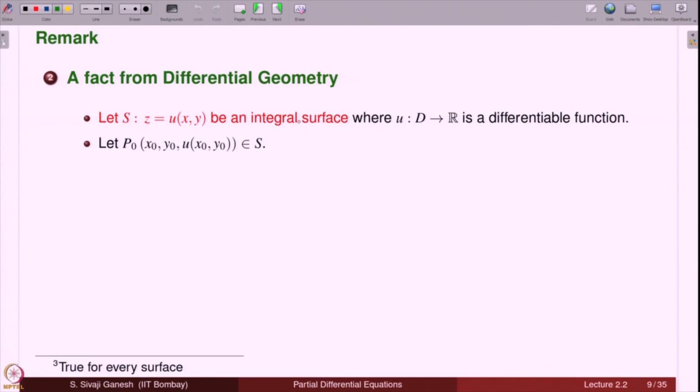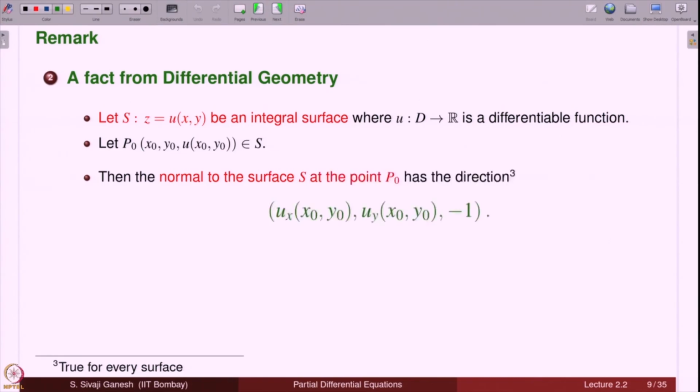So, take a point P naught on the surface. Then a normal to the surface S at the point P naught has the direction u_x, u_y, minus 1.